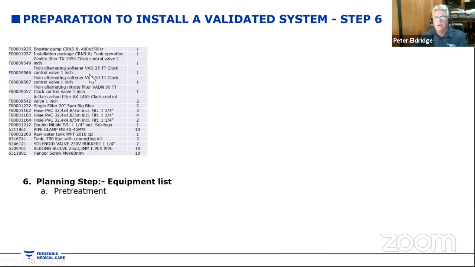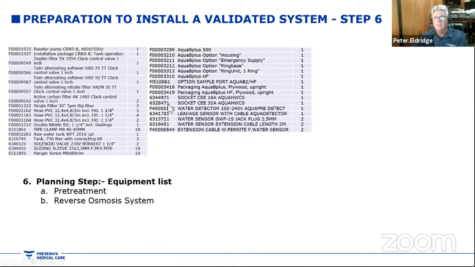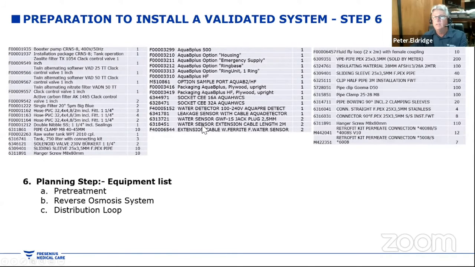So this is just for our pre-treatment, for our reverse osmosis system, and for our loop. So there's many components which make up the water treatment system for dialysis. And this is all part of the validation process. So there's around 50 lines or more for each RO installation. And you'll see that there's many number of components.